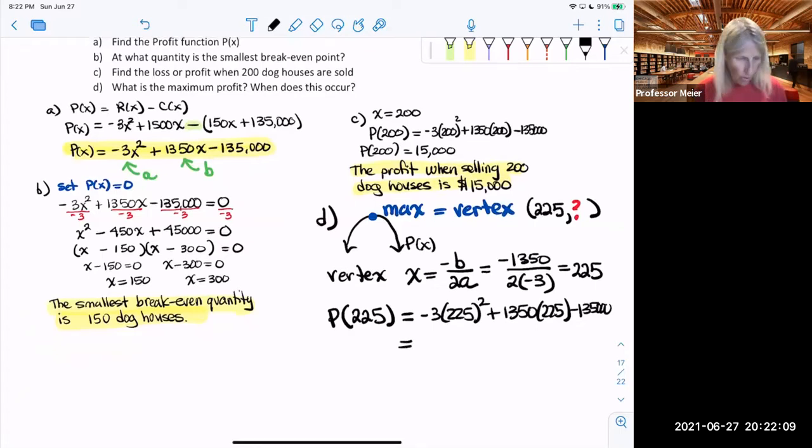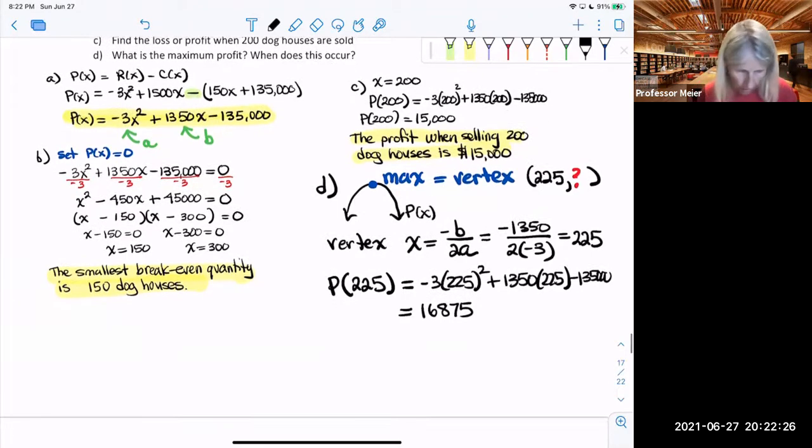So when x is 225, the y value is, let's see, 16,875. Now remember, that's the money. 225 is the dog houses. So I'm just going to answer in words. It says, what's the max profit? When does it occur? Okay, so how about we say it this way?